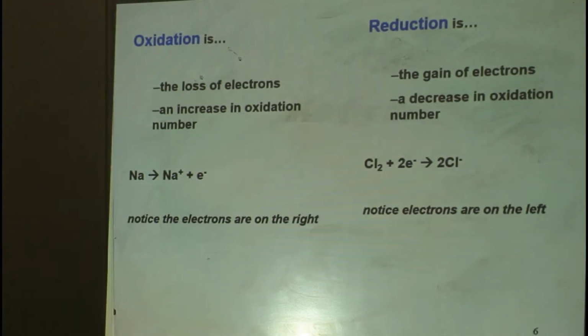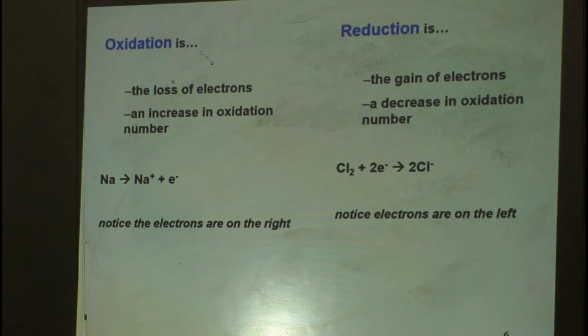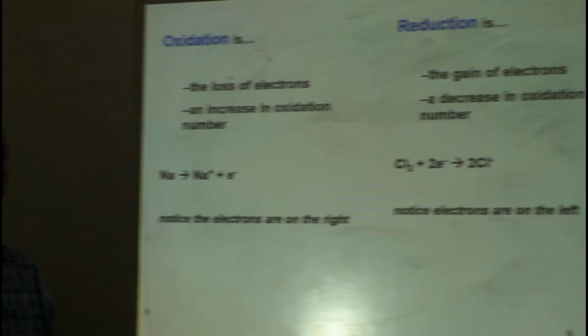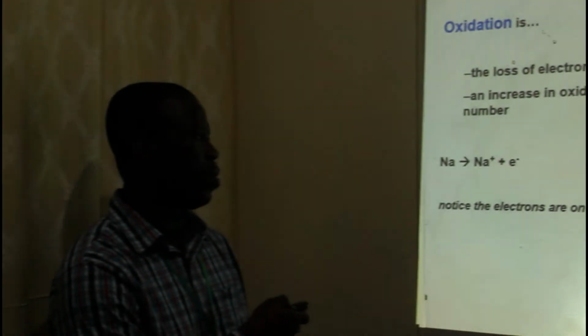Again, let's look at this. When we say oxidation is the loss of electrons, sodium has lost an electron to form sodium plus, and the electron which has been lost. So in effect, we say oxidation is the loss of electron.